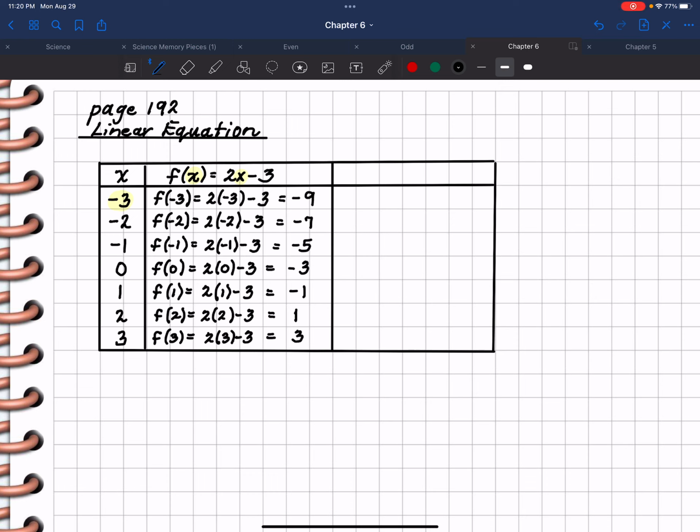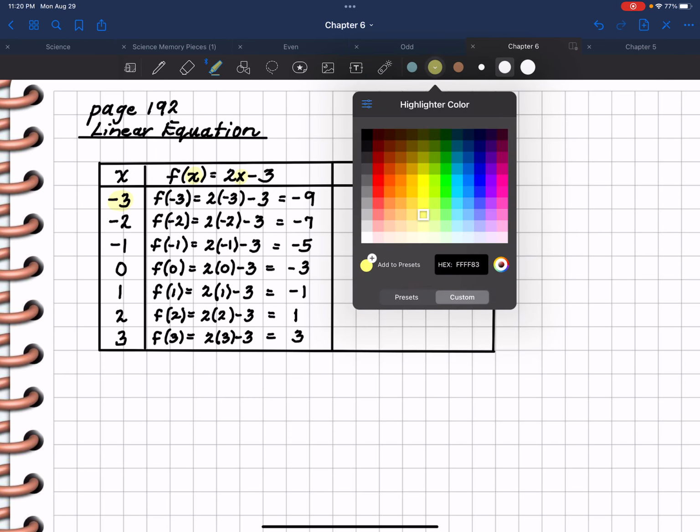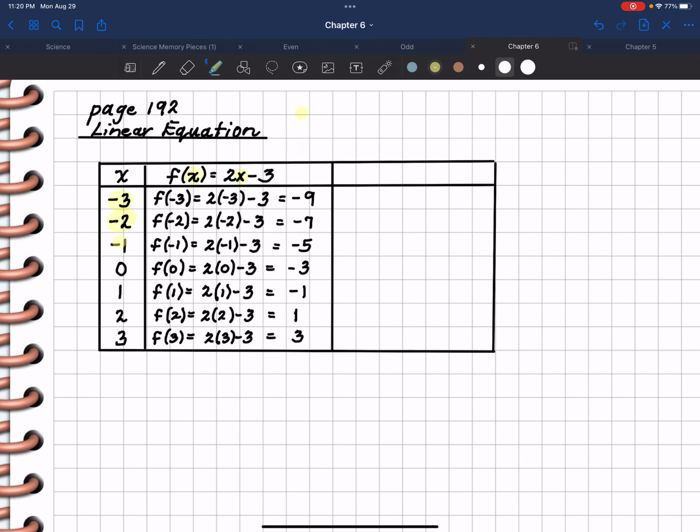So we basically have come up with some points. Here are our x values. And remember, the function test says that you cannot have any duplicated x values, and we do not.